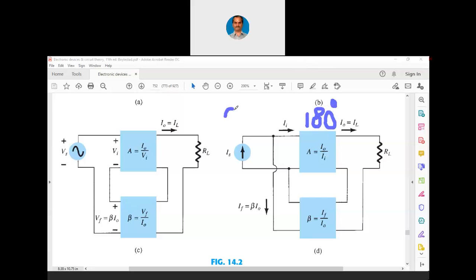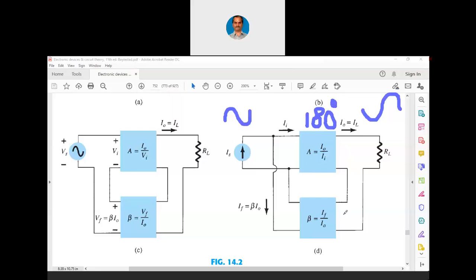That means if the input cycle is like this, then the output signal will be like this, right? Irrespective of the feedback connections, even though I am showing you in the current shunt feedback now, you don't have to worry much about the waveforms. When the input is rising, output will be falling in the case of a regular common emitter amplifier, and the amplifier is going to give 180-degree phase shift.